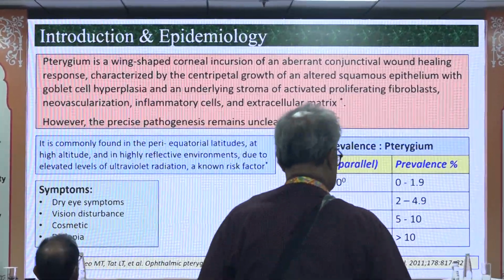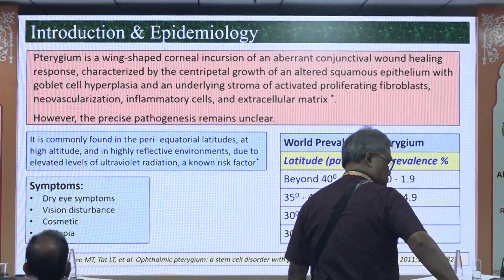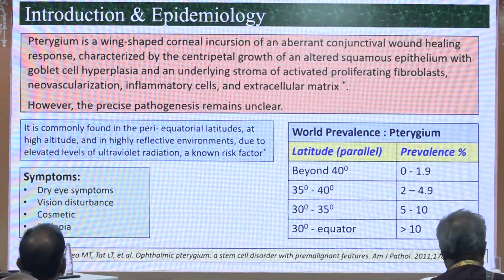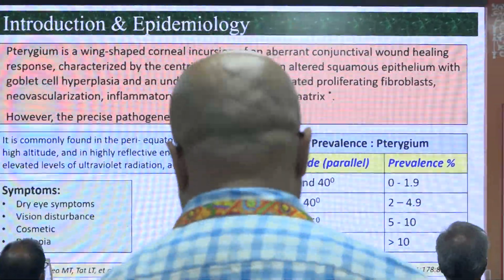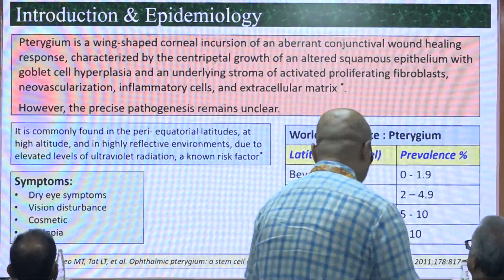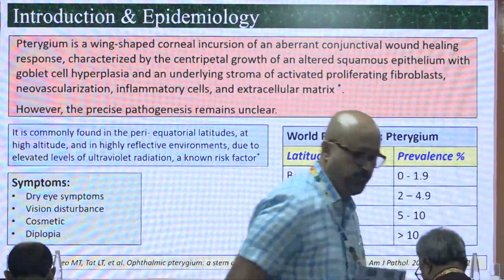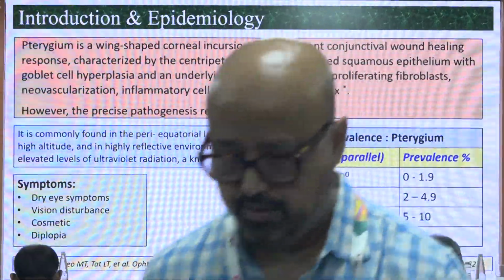However, the precise pathogenesis remains unclear. It is most commonly found in the peri-equatorial latitudes, mostly around the 30-degree equatorial region.